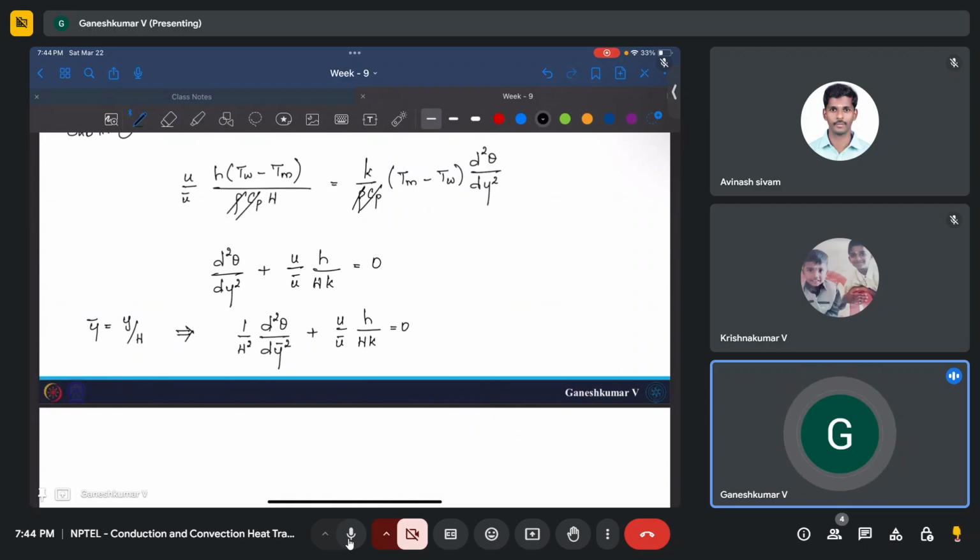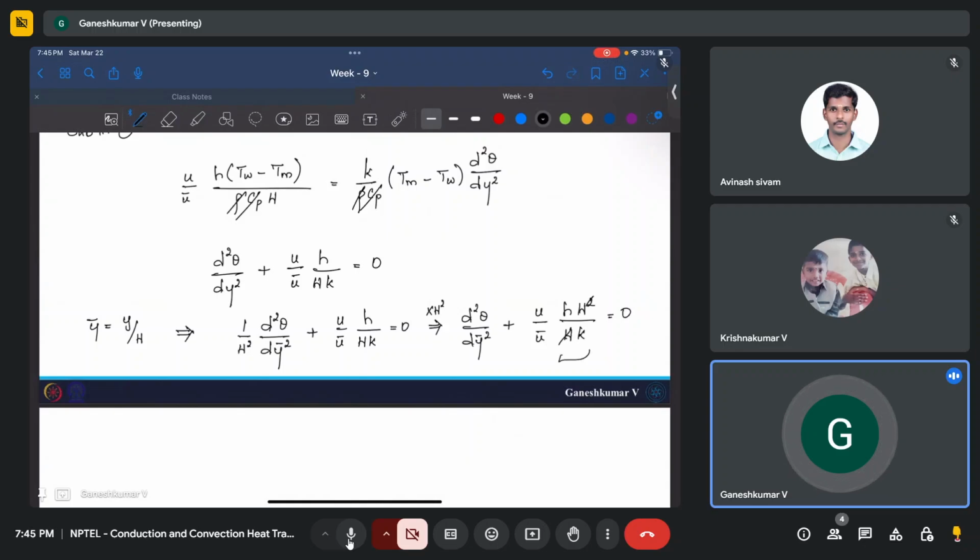So now you multiply both sides by h square. So this becomes d square theta by dy bar square, then plus u by u bar h square by hk equal to 0.